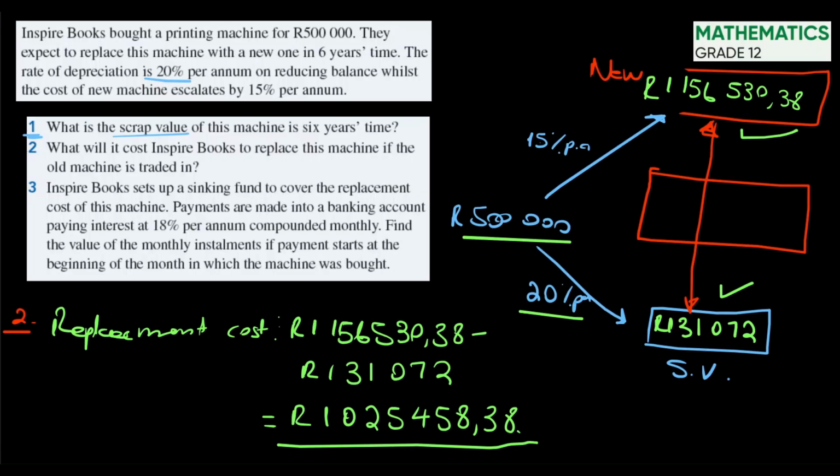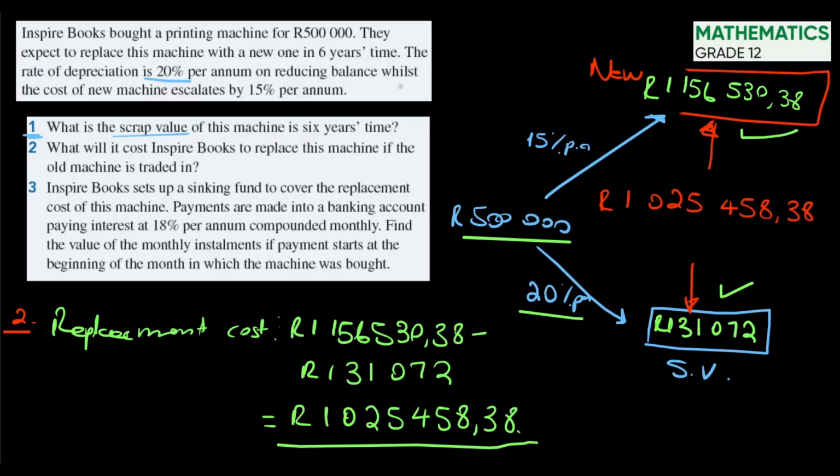Let's move on to the next question. Let's write this replacement cost. This replacement cost will come in very, very handy, which is 1,025,458.38.